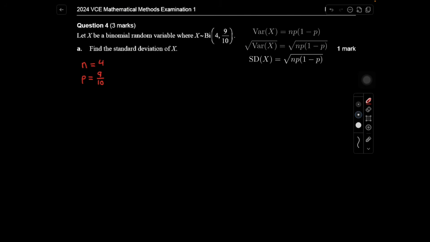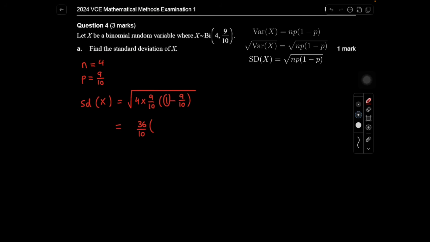So let's work out the standard deviation now. So using this formula, we get n times p, and then 1 minus p here. So you can see how this is going to get us 4 times 9 is 36 over 10.